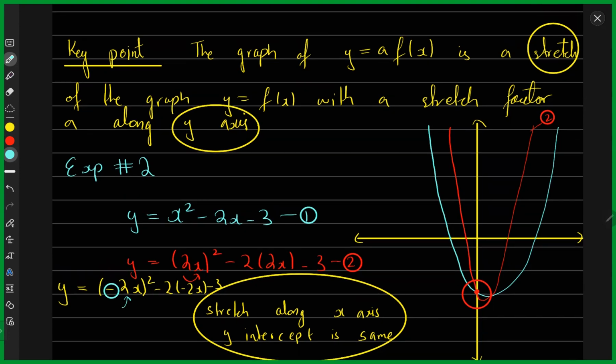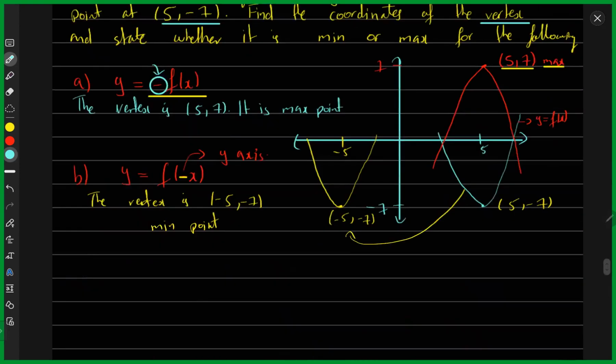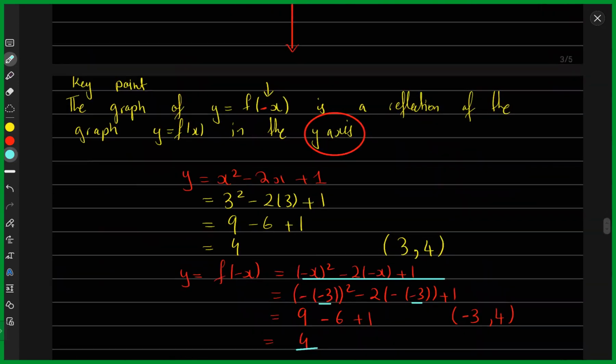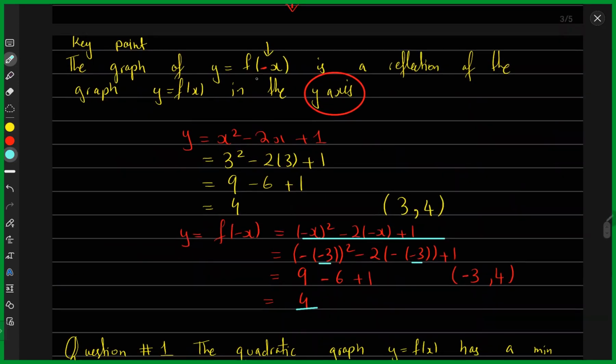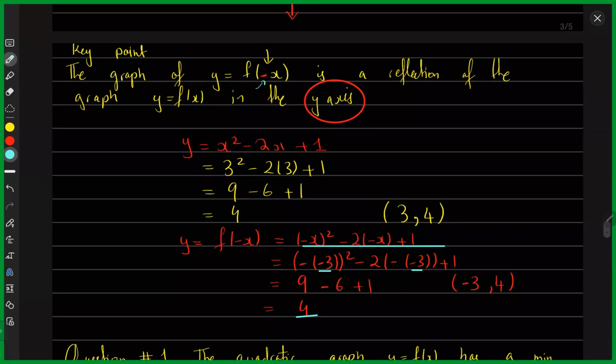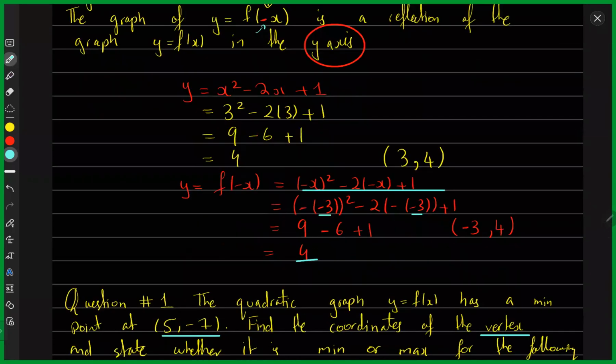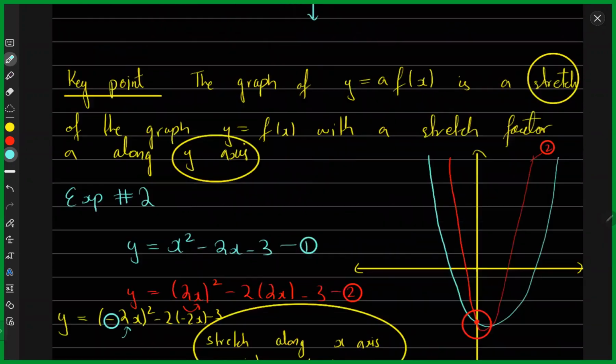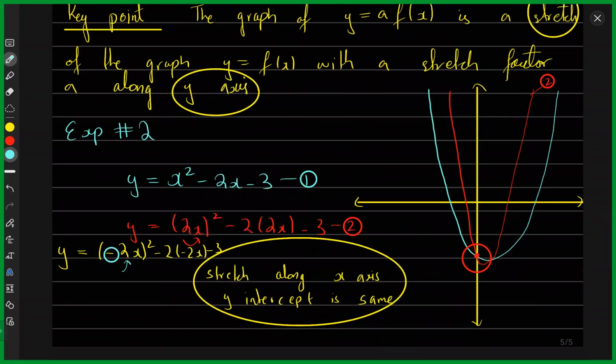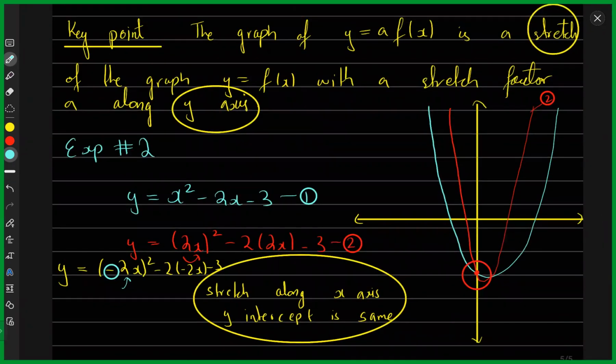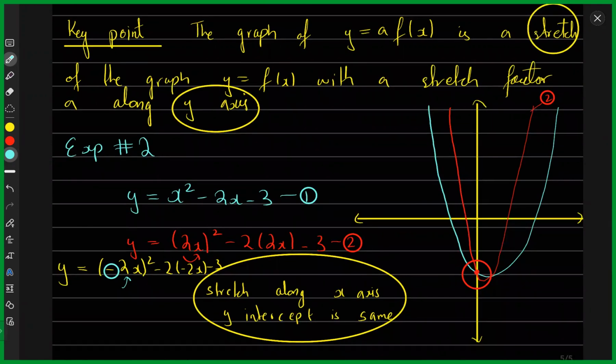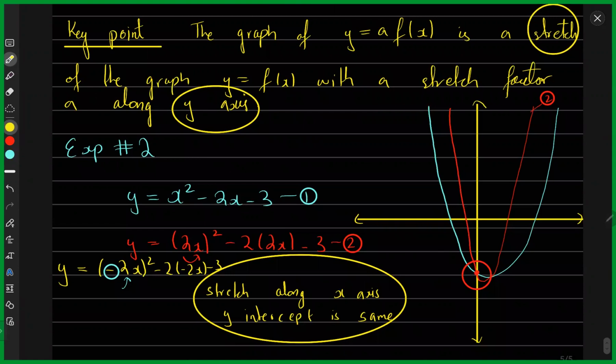So let me go back to reflection. Here is reflection. Whenever we have minus with x, it would reflect in the y-axis. So this was the scenario. The blue graph was original, and it is going to reflect in the y-axis. So the graph would be, let me just make it now.